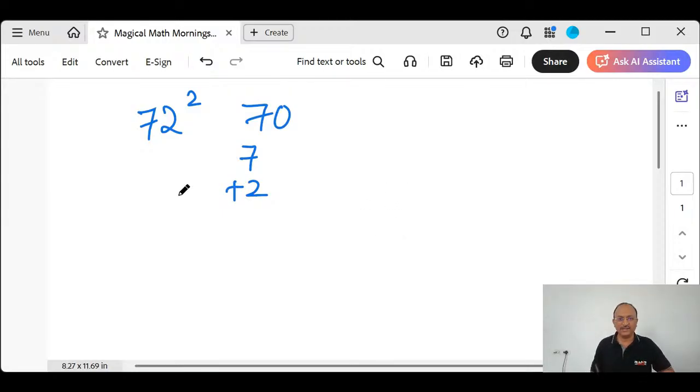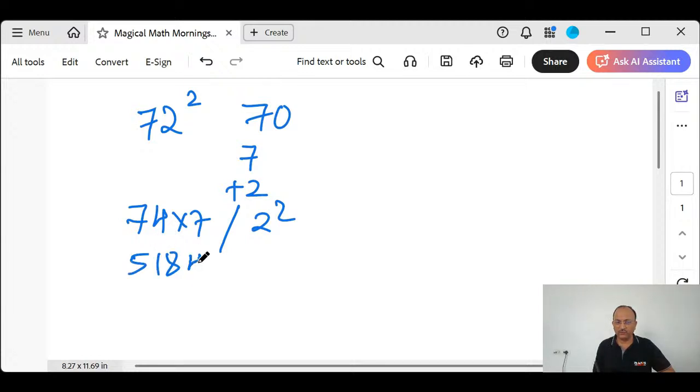Yes. 72 plus 2 will give you 74, into 7 we have to do. This is the only one which is going to take time. And then we have 2 square. 74 into 7. If you don't know, 7 sevens are 49, so 490, 7 fours are 28. So 518. 2 square is 4. This is the answer. Very good.